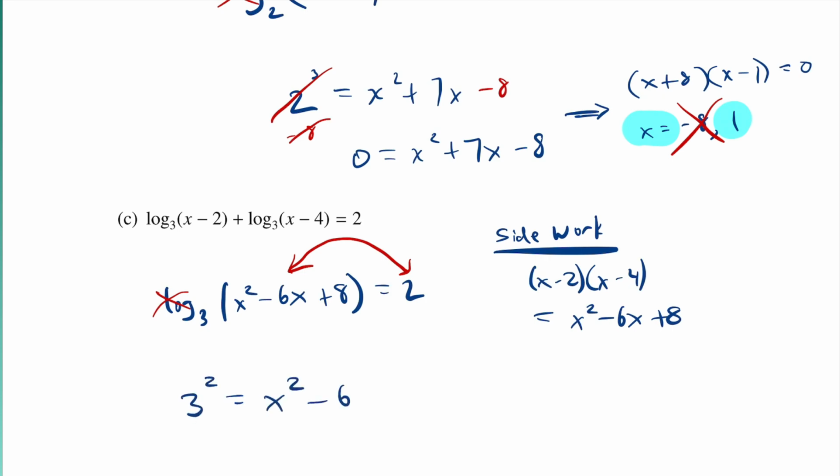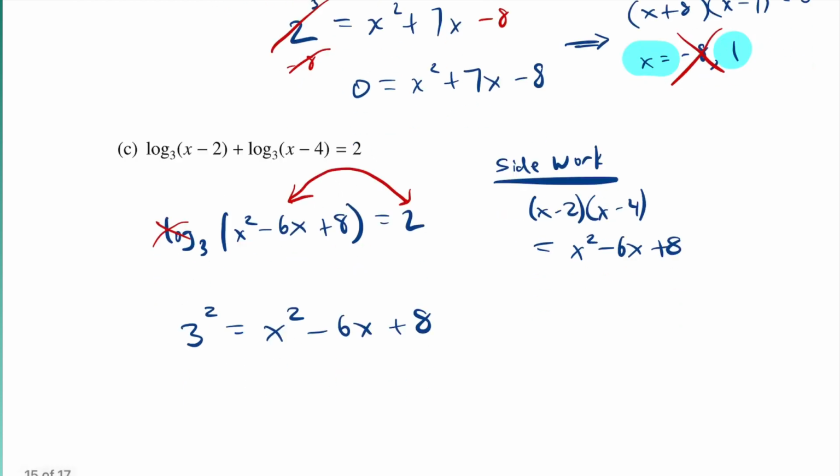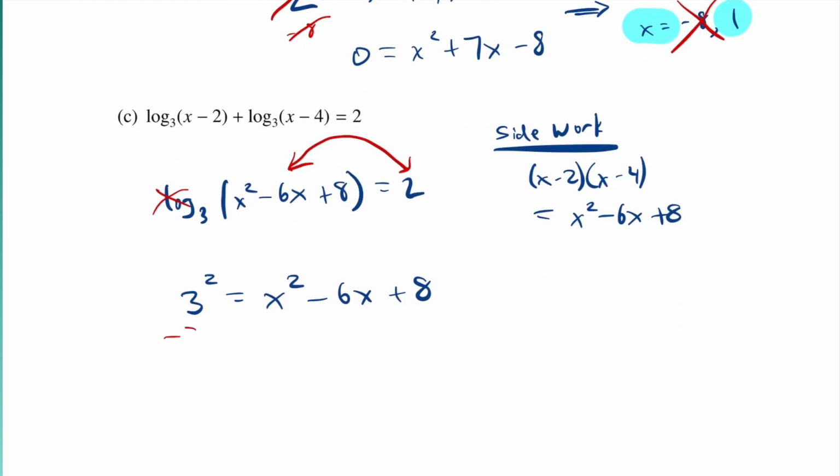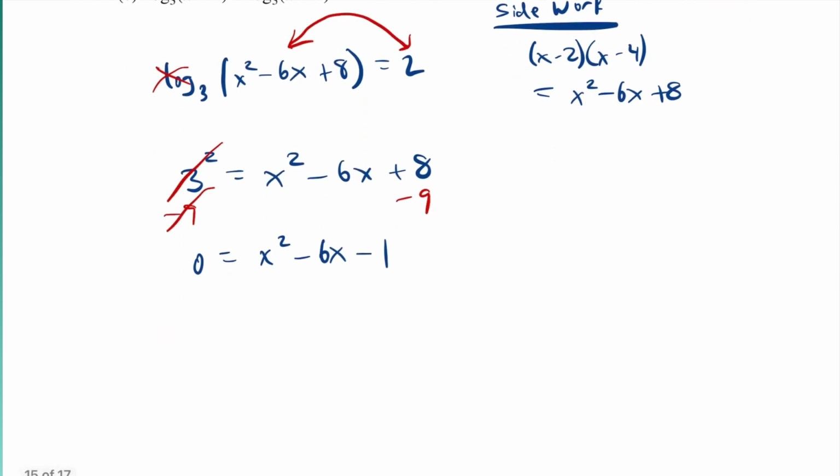So we subtract 9 from both sides. We're going to have 0 equals x squared minus 6x minus 1. Unfortunately, this is not a factorable quadratic equation. We cannot factor it. So in the cases where you can't factor, you need to resort to the quadratic formula, which is here.